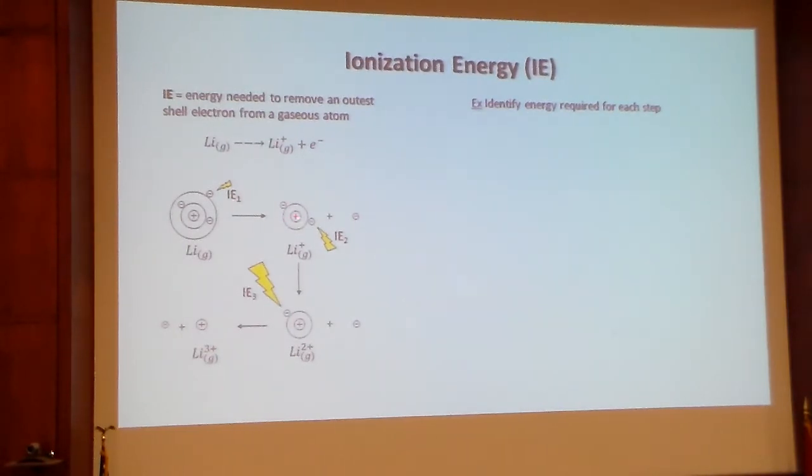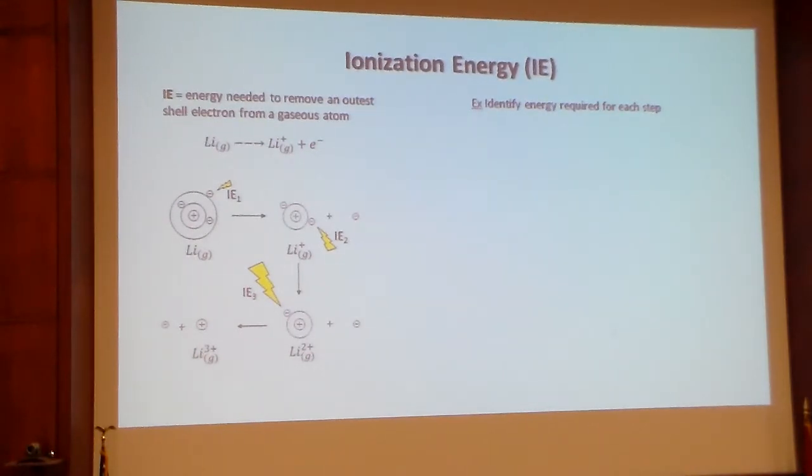Stronger, right? The same pull, shared between 3 electrons versus 2 electrons. So IE2 is higher than IE1. We need more energy to remove electrons. Even more for IE3, the same amount of proton per 1 electron, so more interaction. So IE3 will be the highest. IE1, IE2, IE3: you need more and more energy.